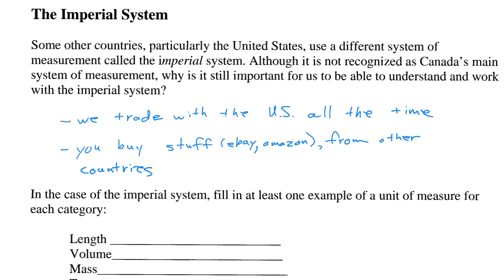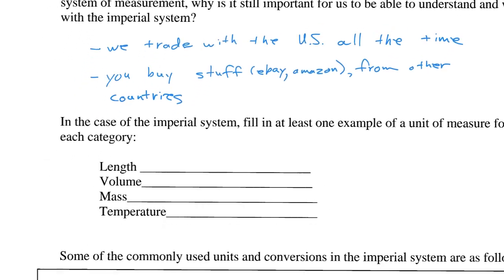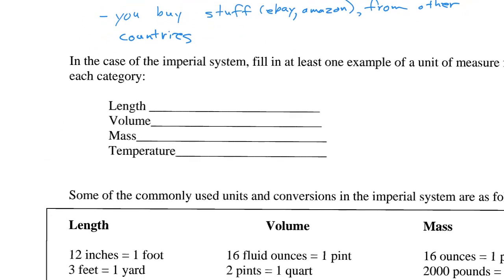So let's go over the basic units of the imperial system. And once we come up with the basic units, we'll come up with some other examples that are considered things that we don't normally use. So the basic length that I know of in imperial is feet.